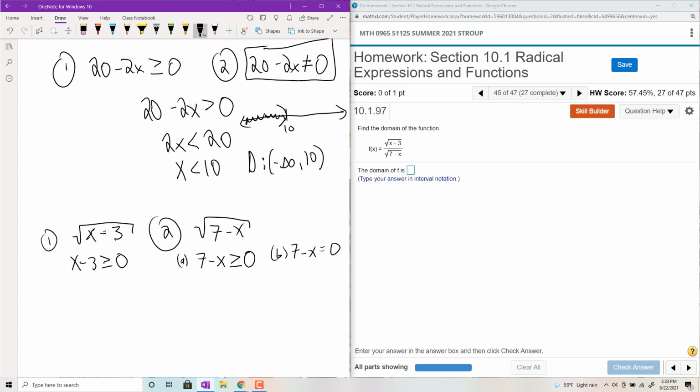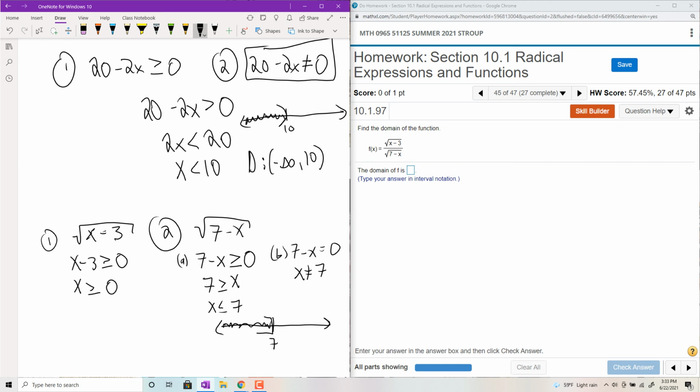Okay, so the first part, I need to make sure x is greater than or equal to 3. And the second part, solving the first equation, I'll have 7 greater than or equal to x, in other words, x less than or equal to 7. The second equation just says x can't equal 7. So on our number line, x less than or equal to 7 would be this.